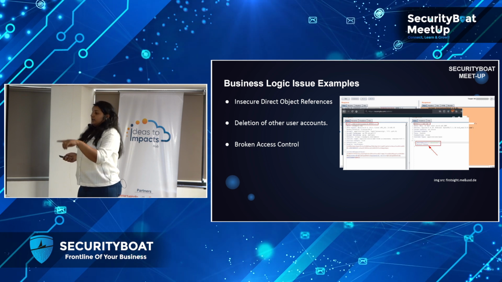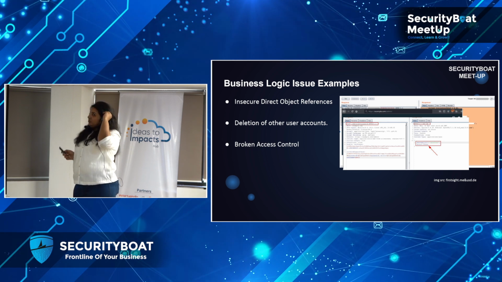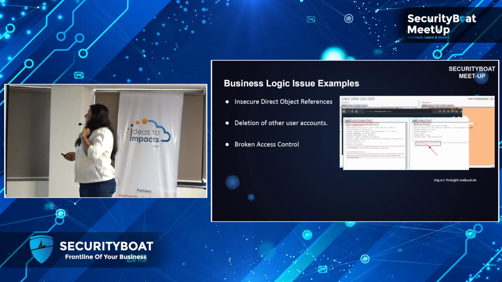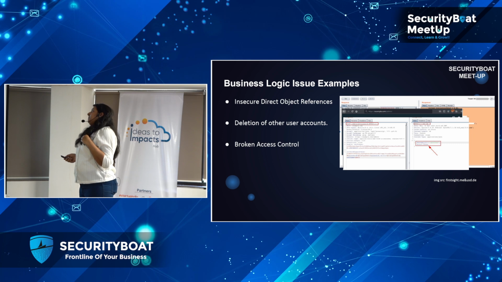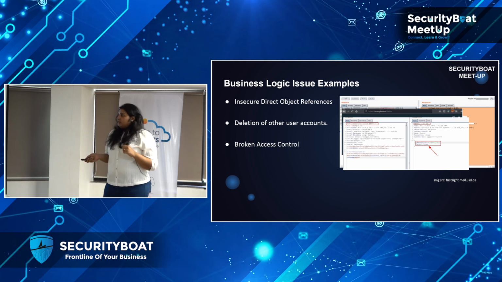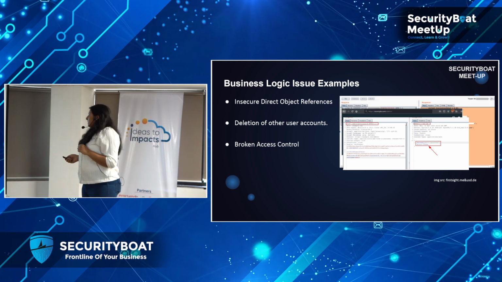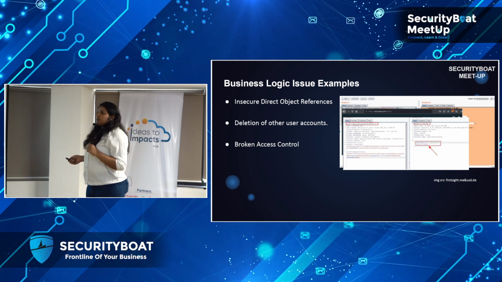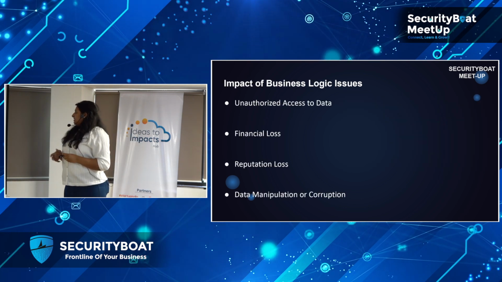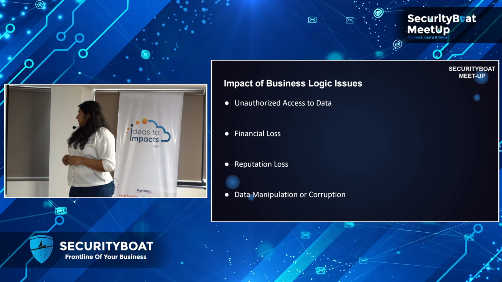If I just change the method from GET to POST, can you please click? Yeah. So here, as you can see, I have changed the method from GET to POST, and I have set the password for the admin. After changing the password, I successfully got access to the admin profile. So again, this is the low-hanging fruit, you can call it.